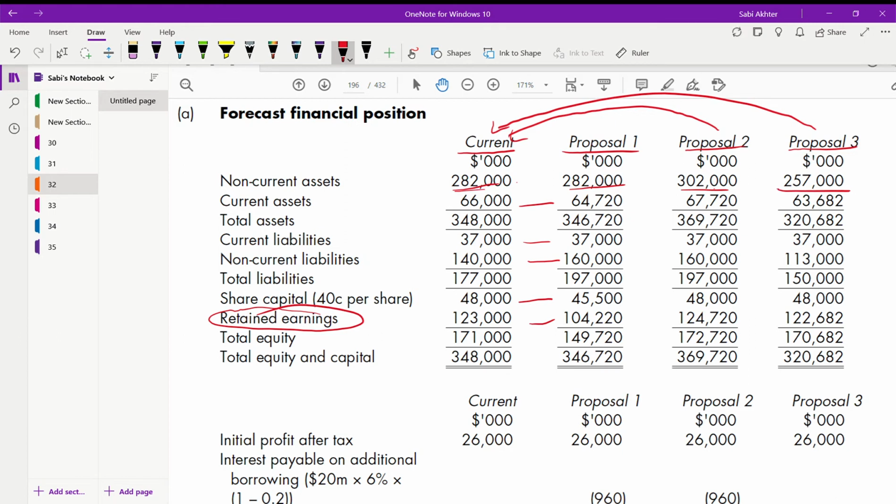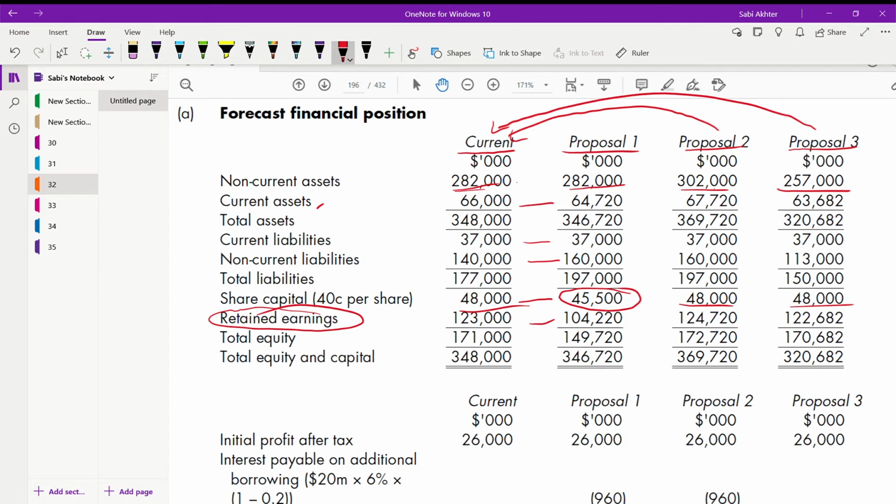Can you see the direct impact? Current assets will change in all the three because it includes cash and also your retained earnings when you're paying off your debt or paying off interest. So it will be paid from current assets only. Next, your share capital will remain same, 48,000, 48,000, 48,000. Only in this condition it changed because you buy back the share.